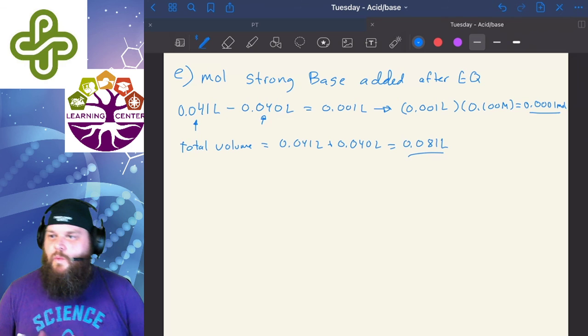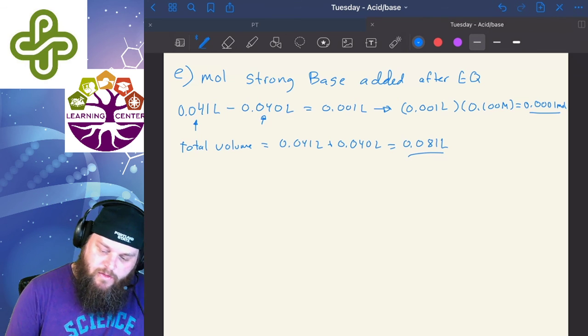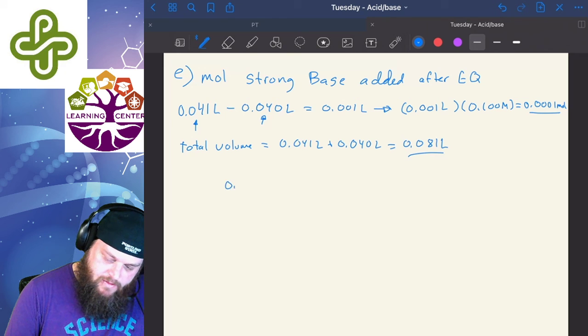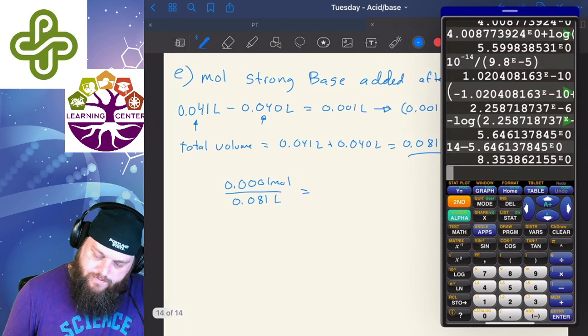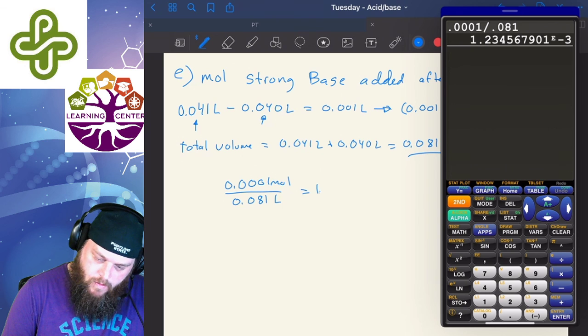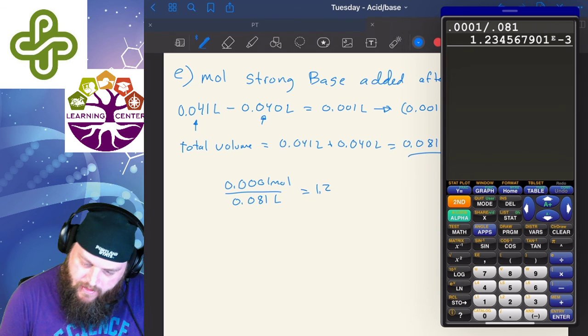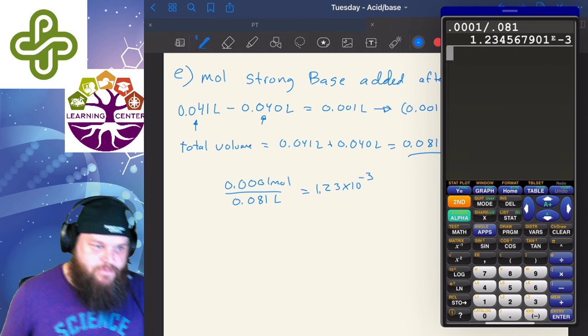We have moles, we have liters. We can find out what the moles per liter is, which is our concentration of the strong base. So that's 0.0001 mole divided by 0.081 liters, which is equal to 1.2345679. Look at that. 1.23 times 10 to the negative 3.